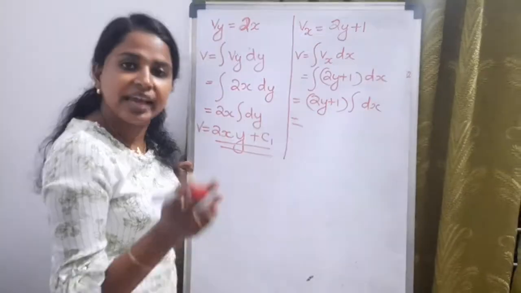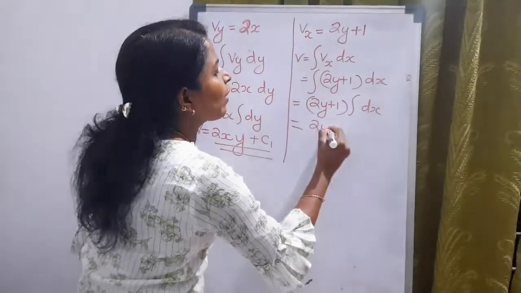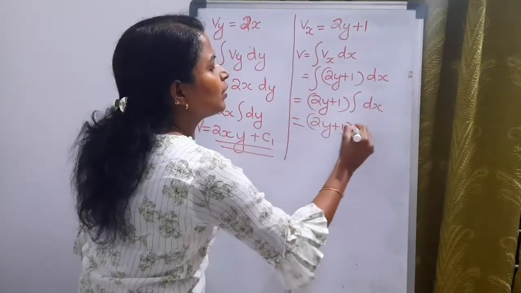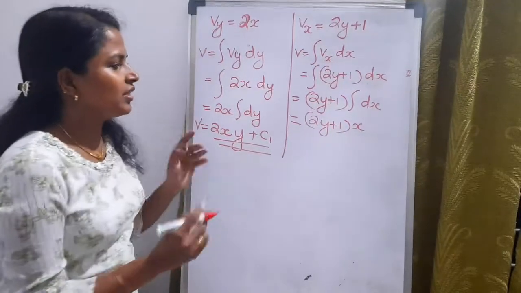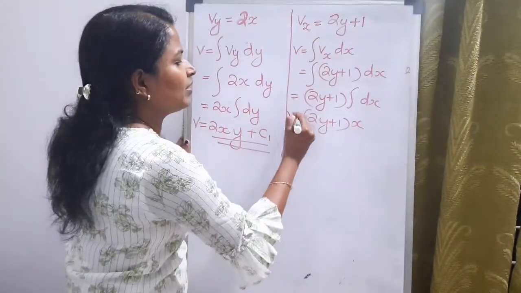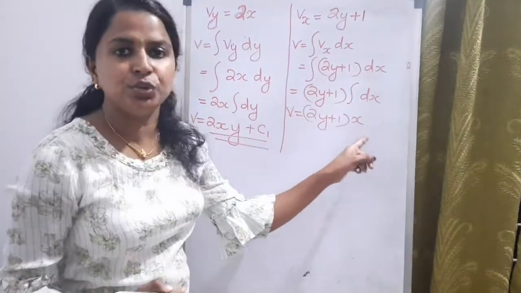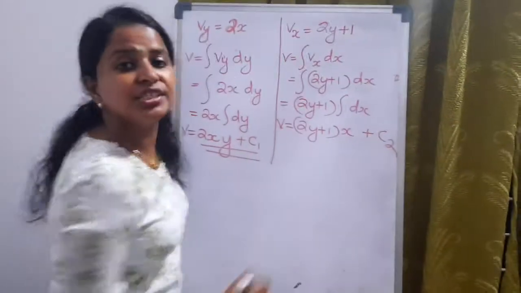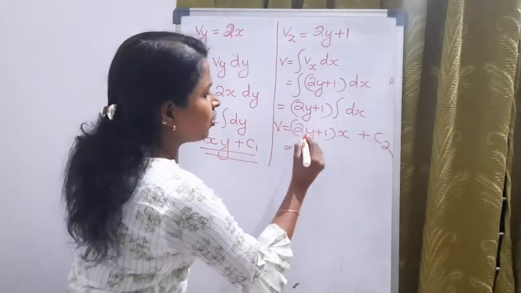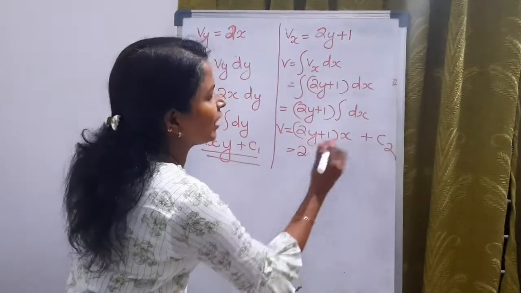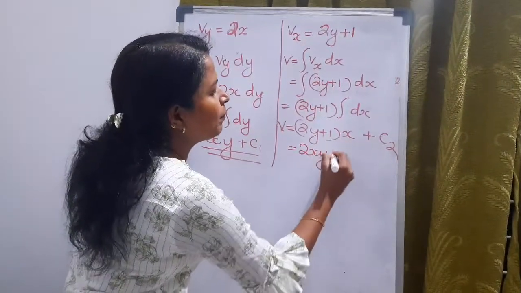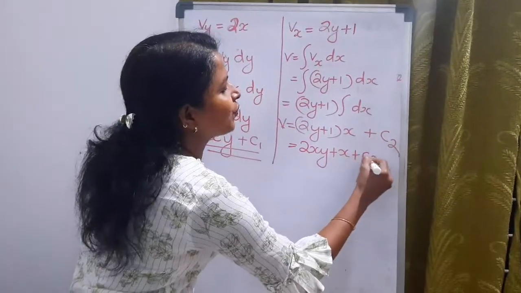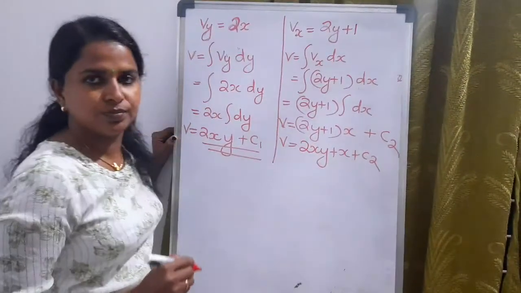Integral dx is x. So 2y plus 1 into x. This is another v: 2y plus 1 into x plus constant of integration c2. That is, open the bracket, we get 2yx, that is 2xy plus x plus constant of integration c2.